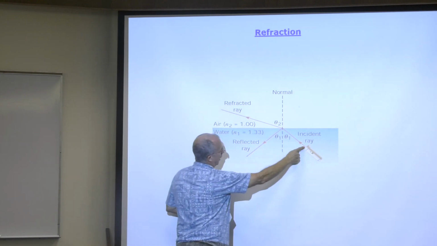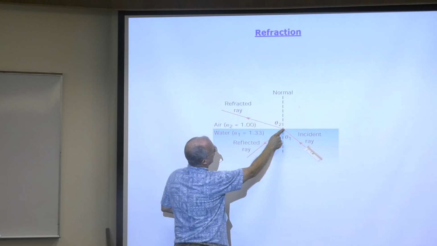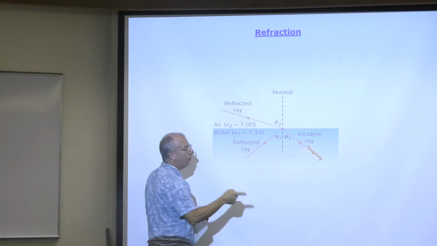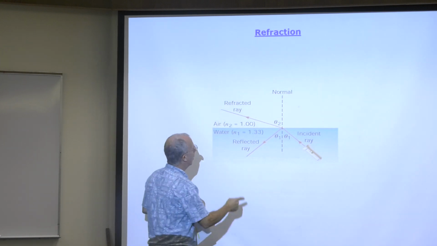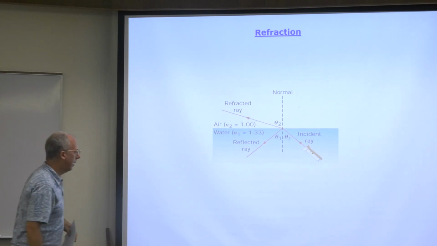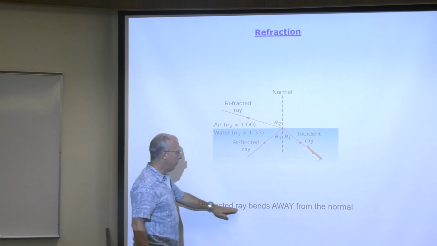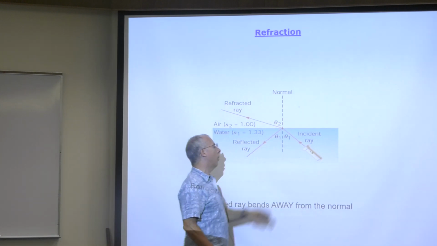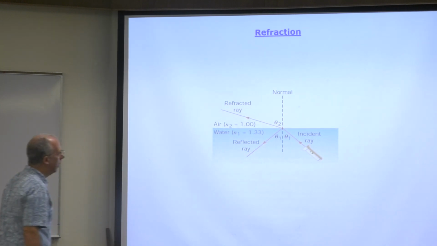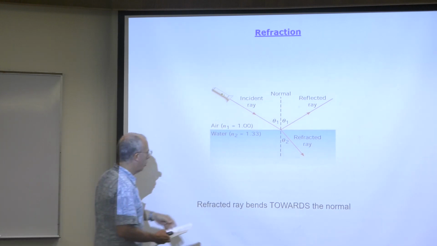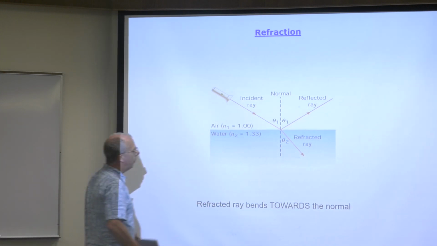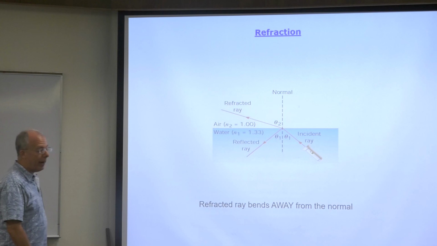But some of it gets through, and it's bent. What do you notice now? The refracted ray bends away from the normal. So here, it refracted toward the normal. Here, it refracted away from the normal.